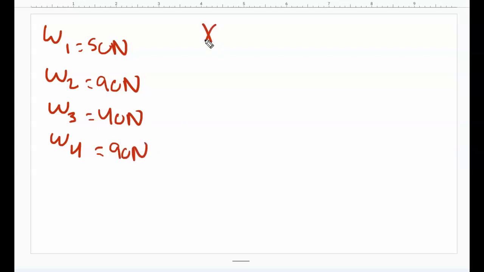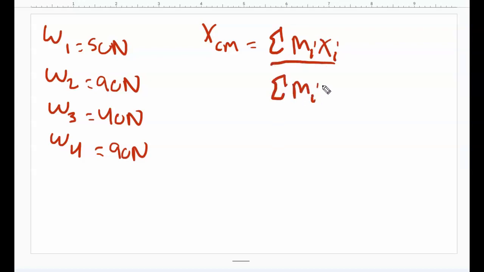Now, xcm is going to be the sum of mi xi divided by the sum of the masses. Now, we don't actually have the masses. What we have is the force of gravity, but the force of gravity is proportional to the masses because the force of gravity, the weight, is just m times g.